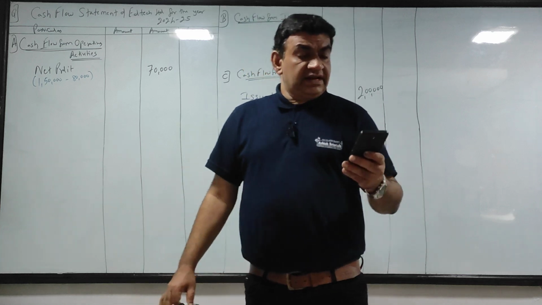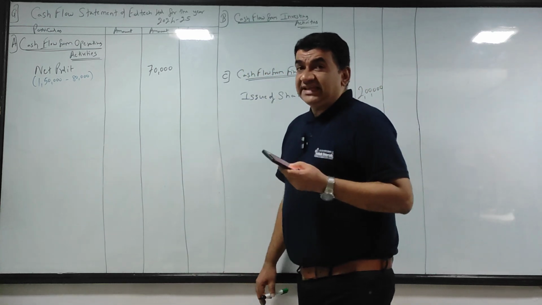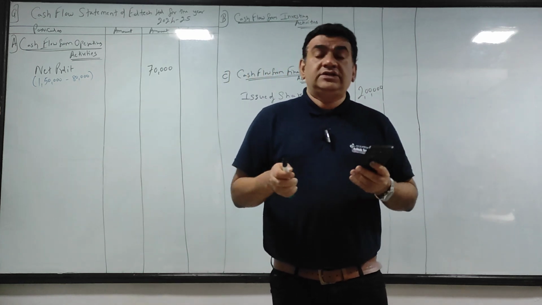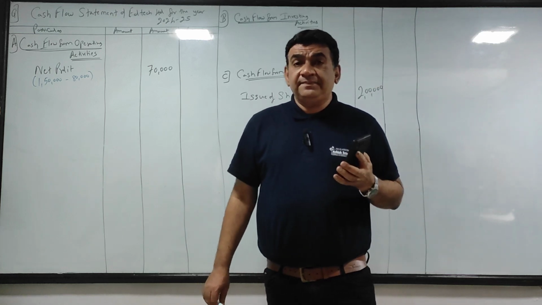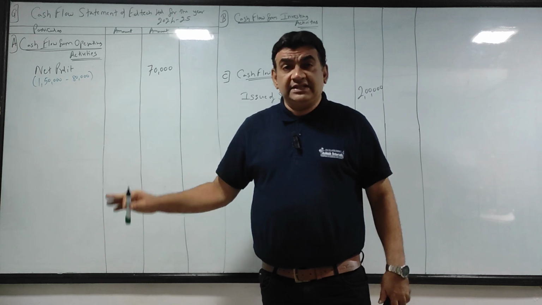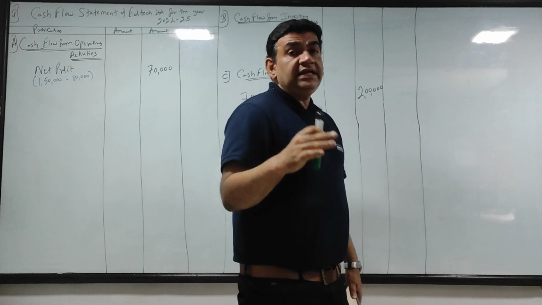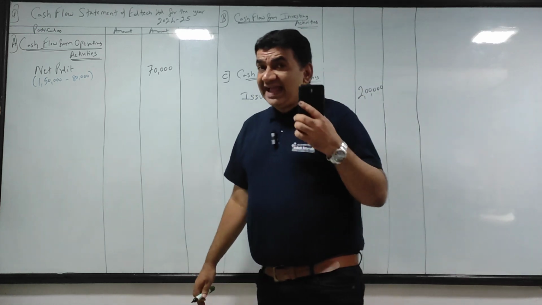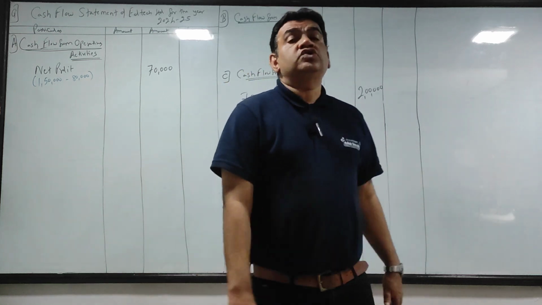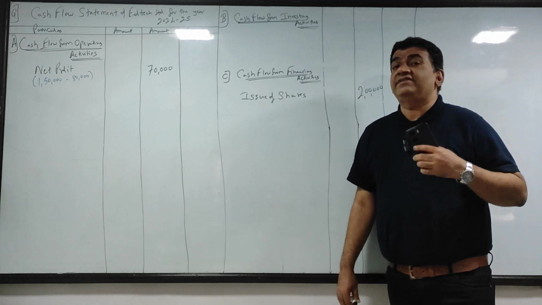That means 50,000 has decreased. Last year my loan was 150 and now it is 1 lakh, which means I have paid back 50,000. The liability of bank loan, which was 1,50,000 last year, has now become 1 lakh. So a 50,000 decrease means I have repaid.